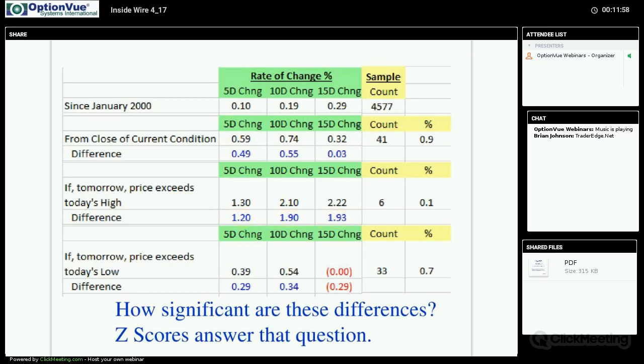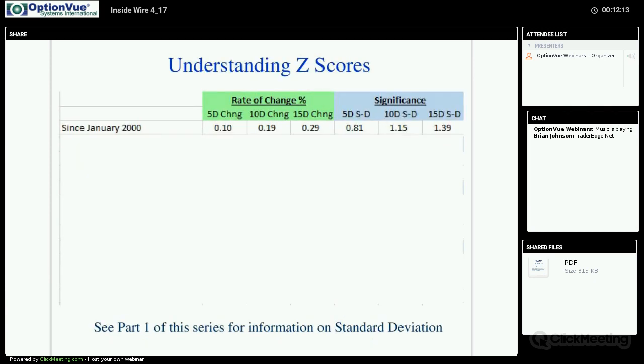So to answer this, we have to look at something called z-scores. It is a statistical term in the arena of significance, I guess you could call it. So let's talk about understanding z-scores and what they are.